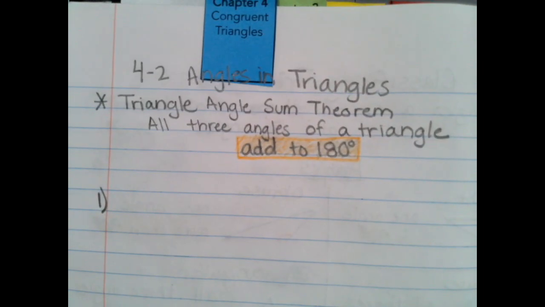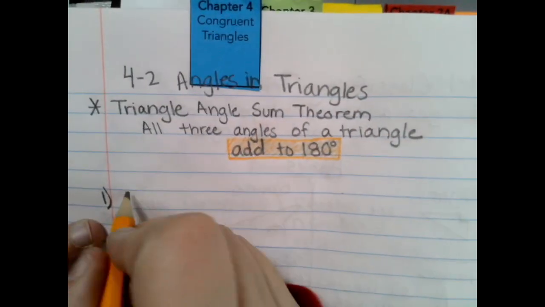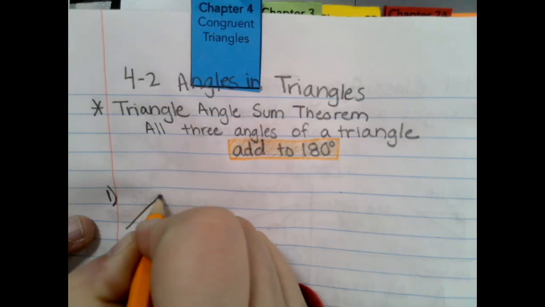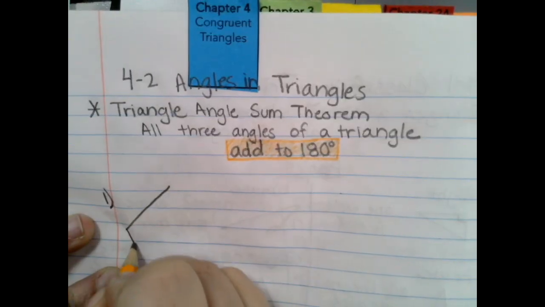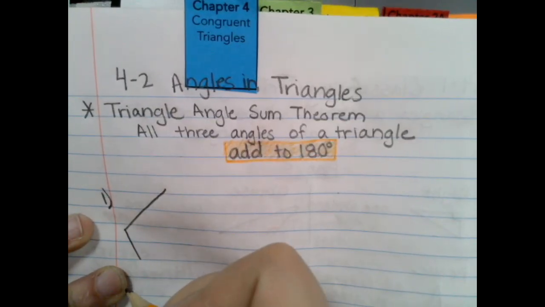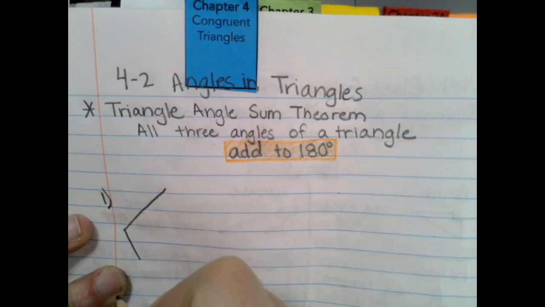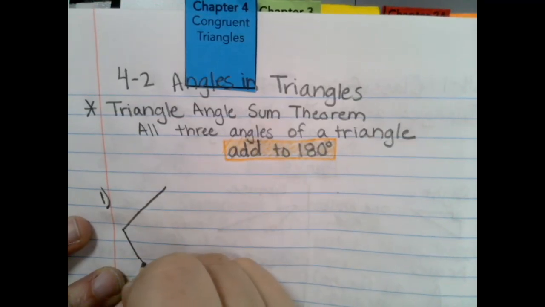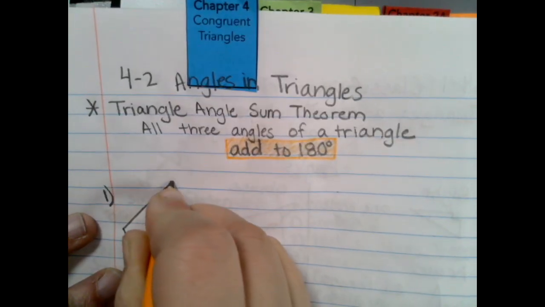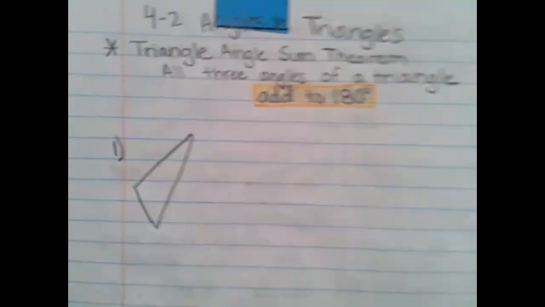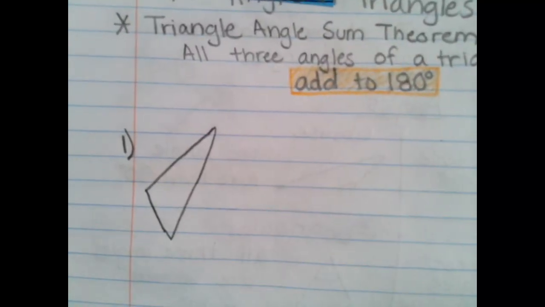Okay, so number 1, we're going to draw an obtuse triangle. In that obtuse triangle, we're going to know 2 angles, and I'm going to find the last one.